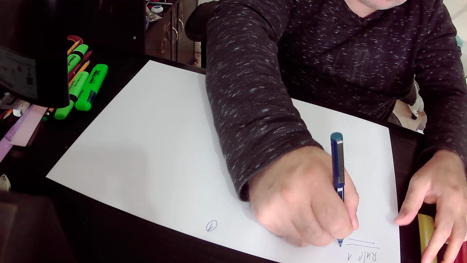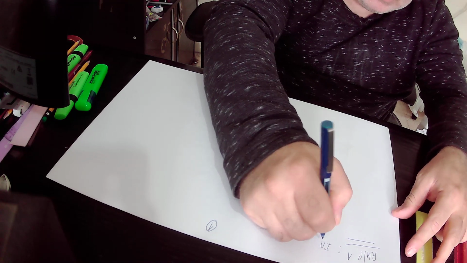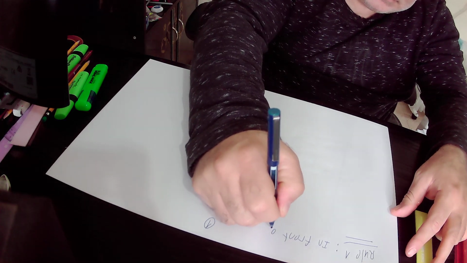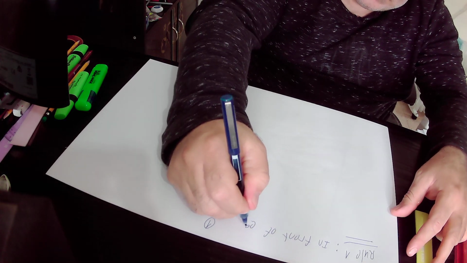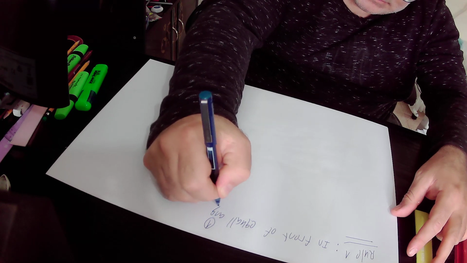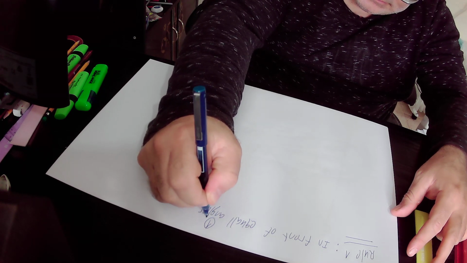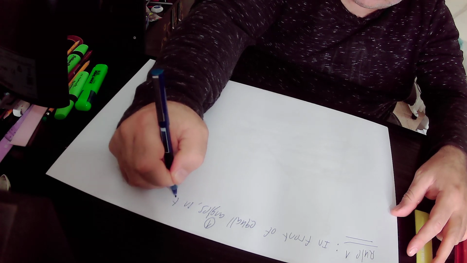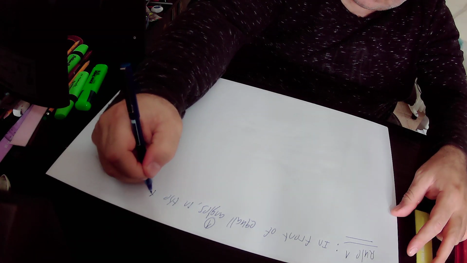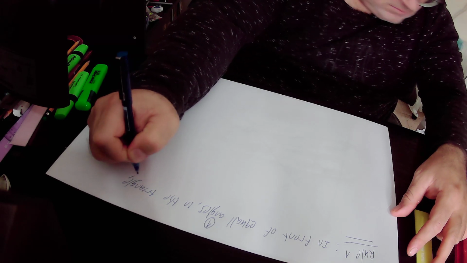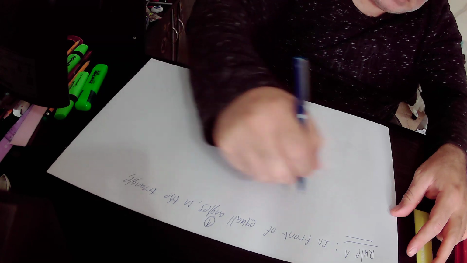So I'll write it down: in front of equal angles in the triangle there are equal sides.